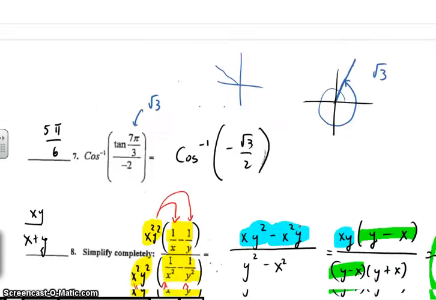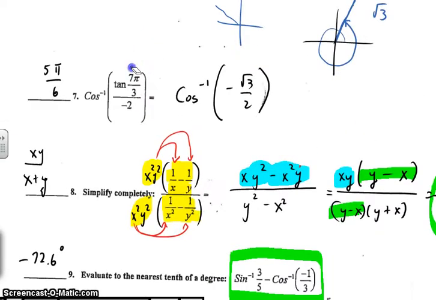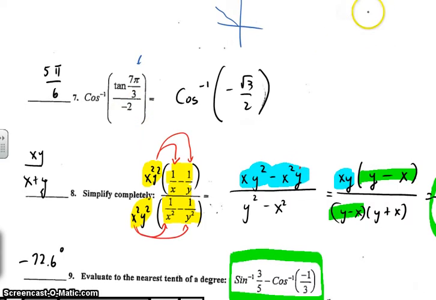Okay? All right, next one. It says, give me the angle whose cosine is the tangent of 7 pi over 3 divided by negative 2. First thing is we have to find the tangent of 7 pi over 3. Well, that's like 2 1/3 pi.